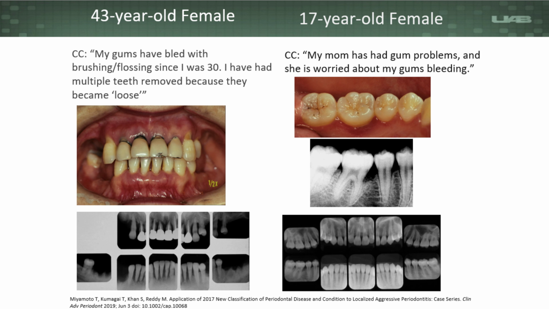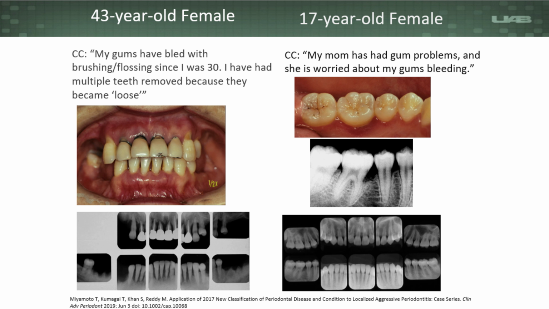And just looking at these radiographs, I can immediately diagnose this patient as a stage 4 periodontitis patient, grade C. I don't even have to do any calculations. I can just look at that. Multiple missing teeth, and likely going to miss all their teeth.